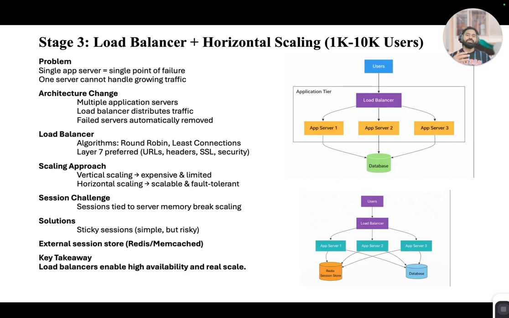So let's first understand what a load balancer is. A load balancer sits in front of your app servers, between the client and the app servers, so something in the middle. Its job is simple: receive the incoming requests from the client and distribute them across the multiple servers.